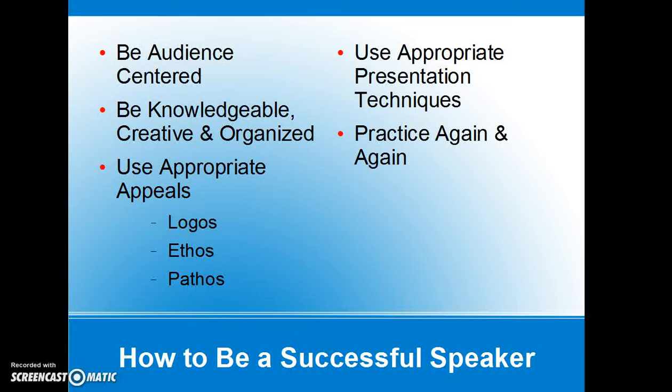And then lastly, we have ethos. And ethos is the appeal to credibility. So what that means is that if you can establish yourself as a credible person to be presenting on this topic, the audience is more likely to want to listen to you.